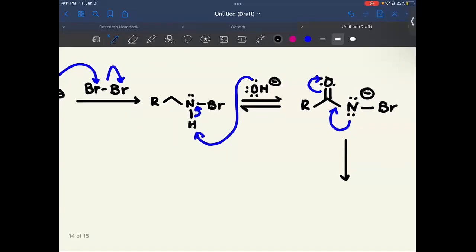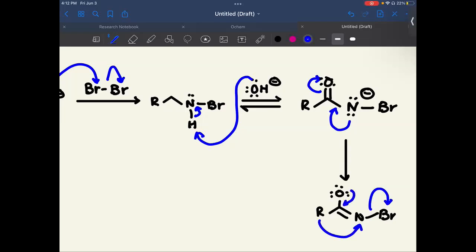And we will get pretty much the same thing, but instead now we are going to have a double bond here, like that. All right, from here, bromine is going to kick up. The R is going to actually attack nitrogen.